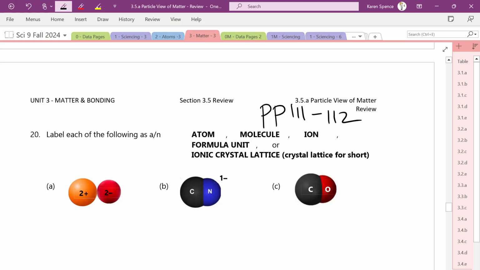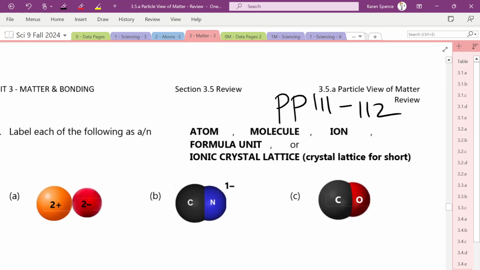Atom, molecule, ion, ionic crystal. So you get to label these each as atom, molecule, ion, formula unit, or ionic crystal lattice. And this will help you out for your quiz on Monday.